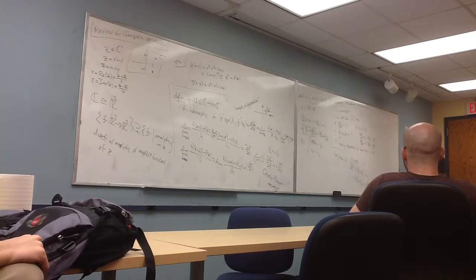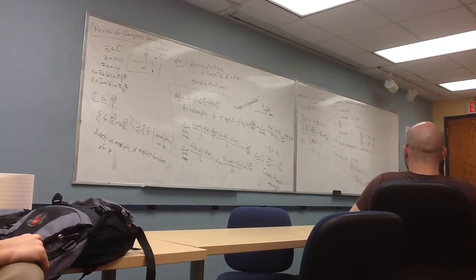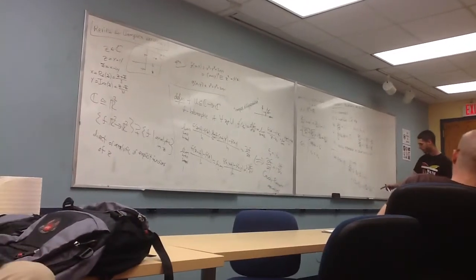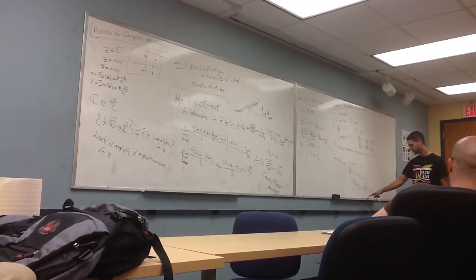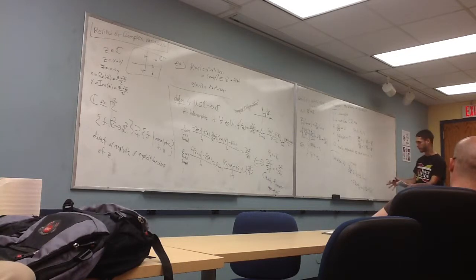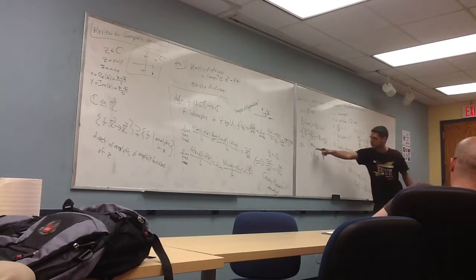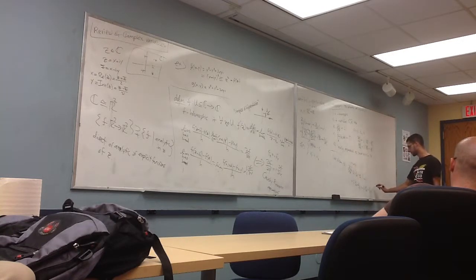Okay, so eventually what we'll get here, I'll multiply everything out and group all the like terms, and I'll get uy plus vx plus i times (ux minus vy).